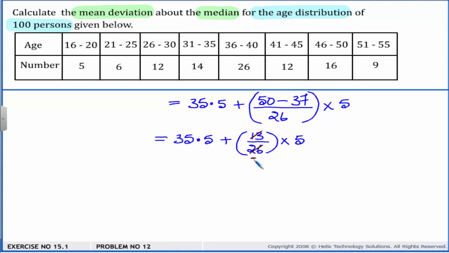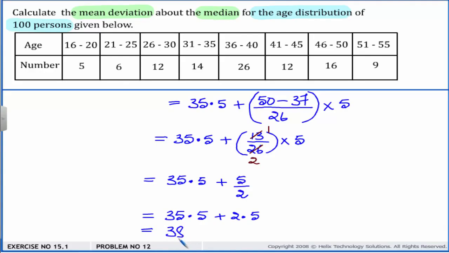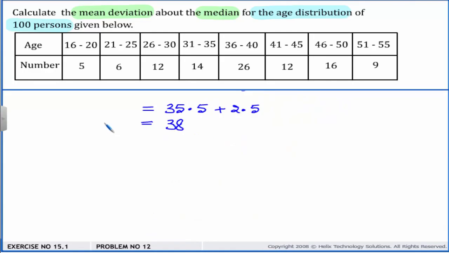So this gives us 35.5 plus 5 by 2 is equal to 35.5 plus 2.5, which is equal to 38. Therefore, median is equal to capital M equal to 38.